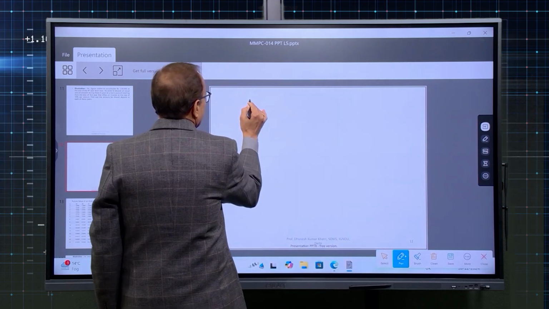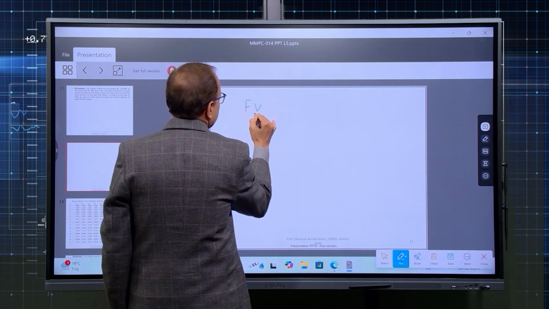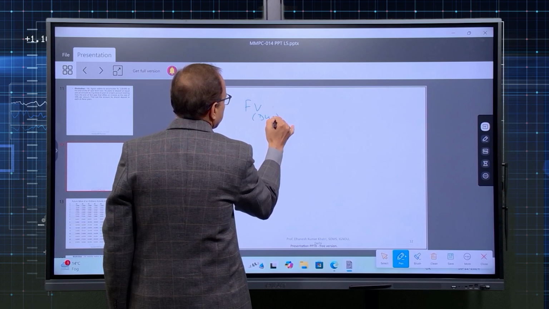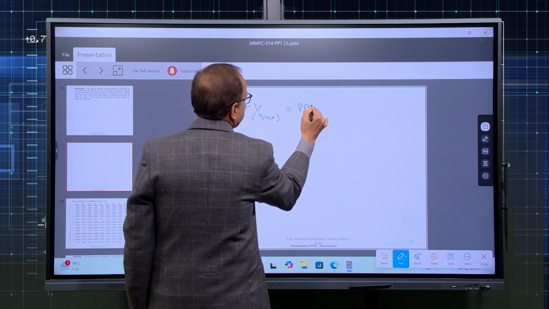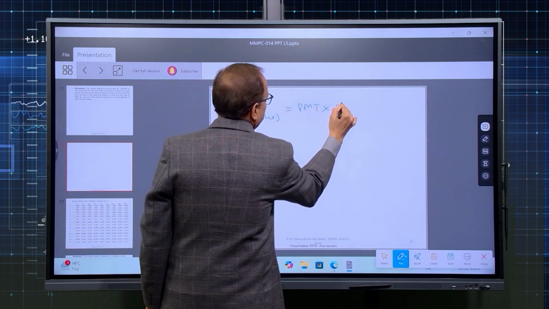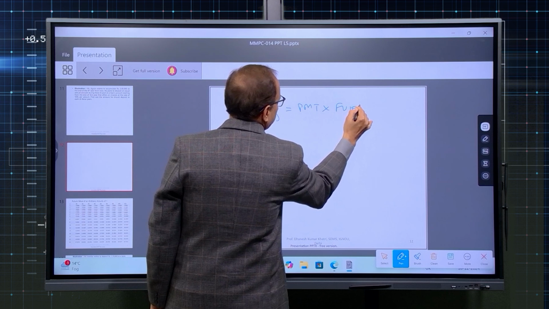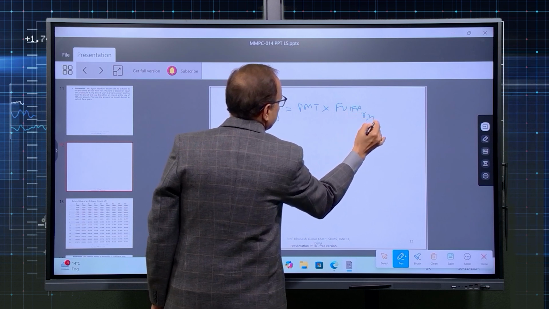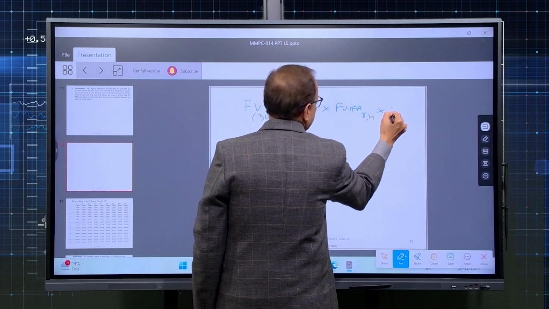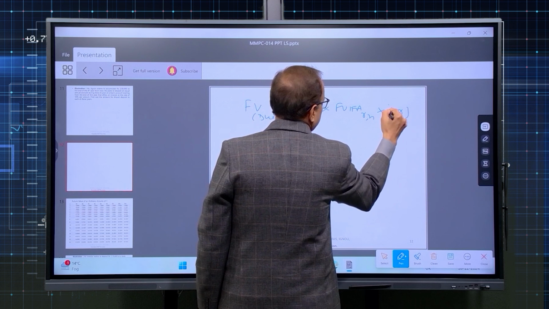Future value of an advance annuity, that is annuity due, is PMT multiplied with FVIFA at a certain rate for nth period, and this is further multiplied with 1 plus R.